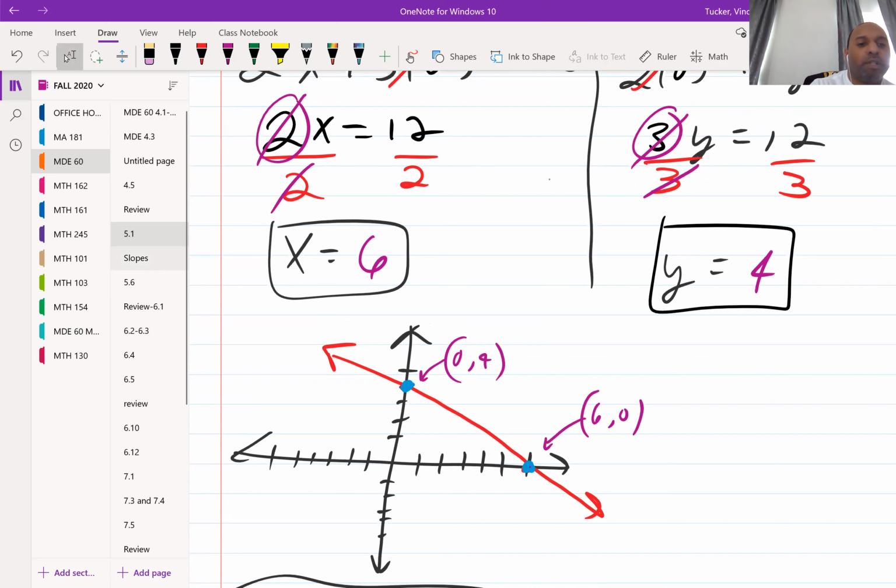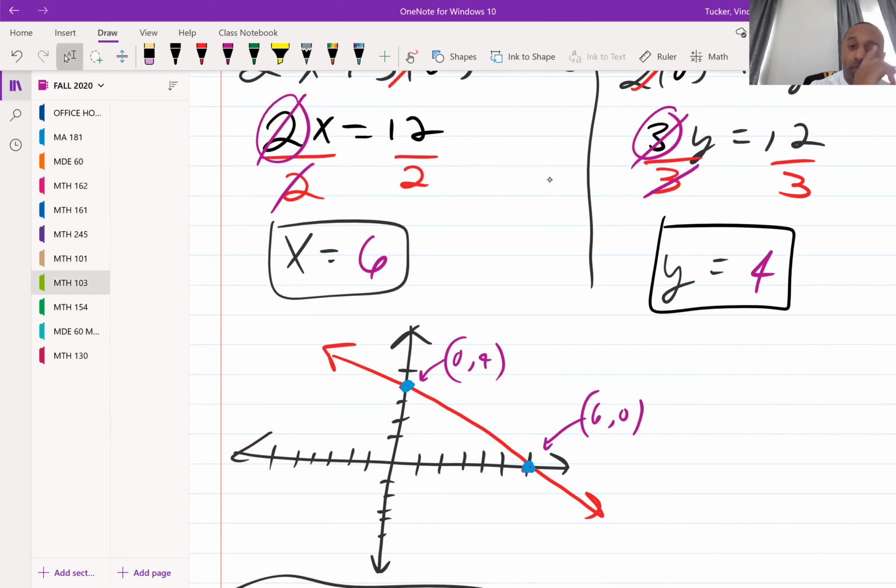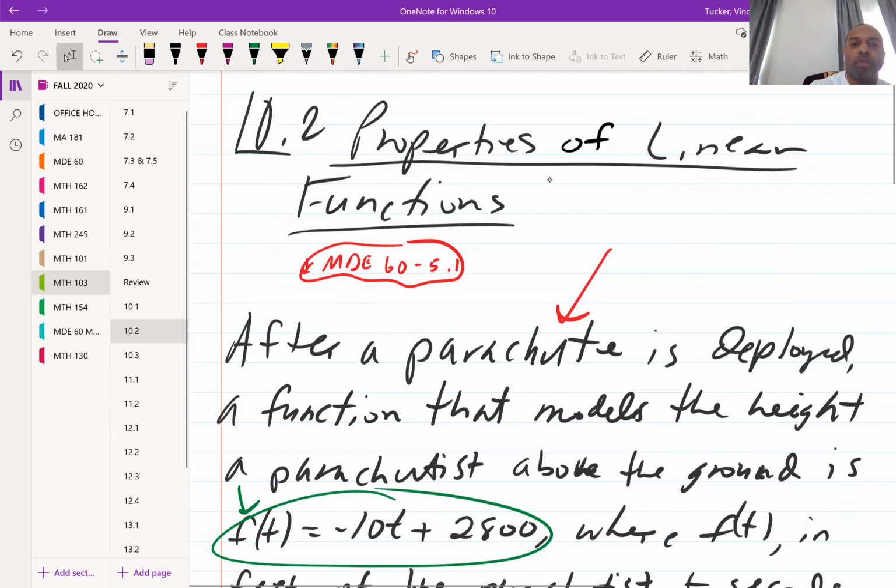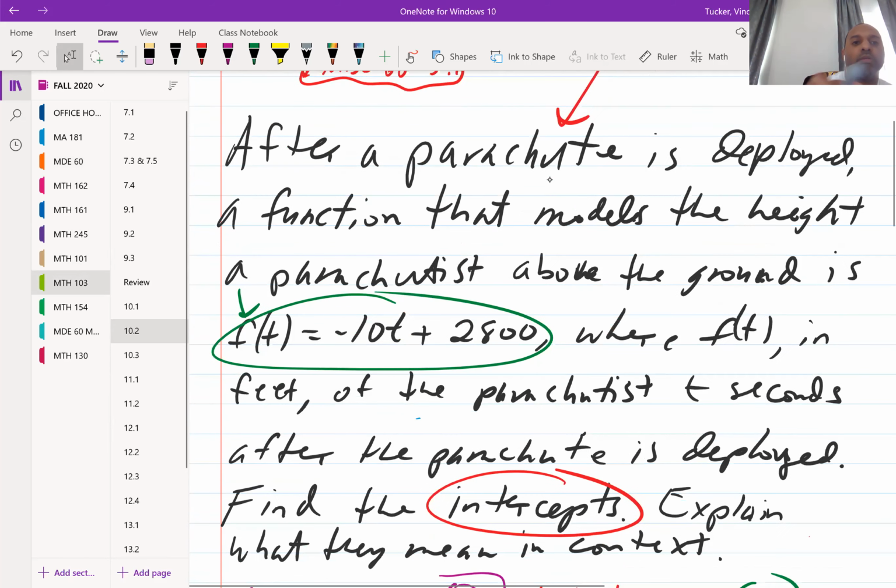All right, so let's take that and go back to that word problem we had. We're going to do the same type of thing.